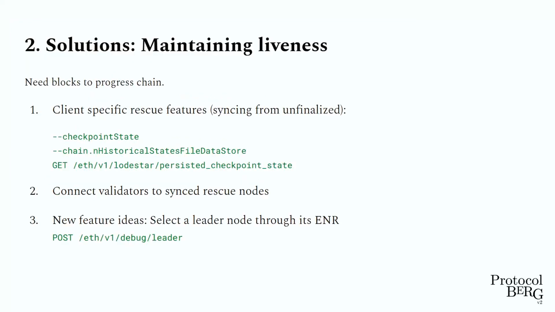So yeah, there were several solutions for how we addressed this, to get the nodes to sync better and get back to the head on the right chain. The one thing that really helped a lot was syncing from unfinalized, which I quickly mentioned before. This was really important after 2 weeks, because the sync speed got harder and harder, and you always have to start from the last finalized checkpoint.